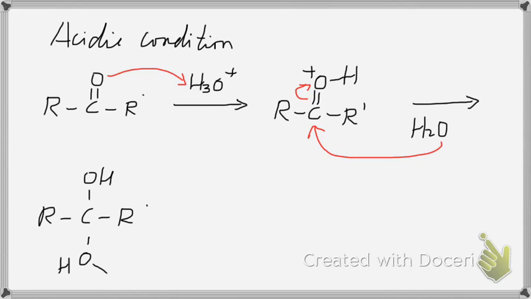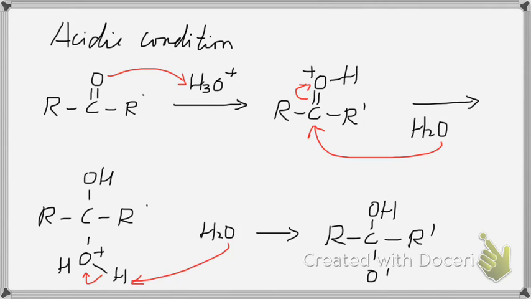This step will form the tetrahedral intermediate. And the last step, deprotonation. Another water molecule will deprotonate the proton on the oxygen to give the hydrate, where the two OH groups attach to the same carbon.